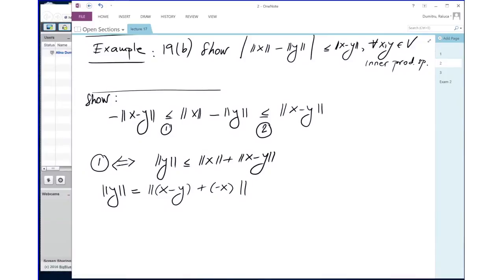They go out in absolute values. So the norm of y and the norm of negative y are one and the same, right? It doesn't matter. But now expressed as a sum, using the triangle inequality, it turns into the norm of x minus y plus the norm of negative x, which again, that's the same as the norm of x.